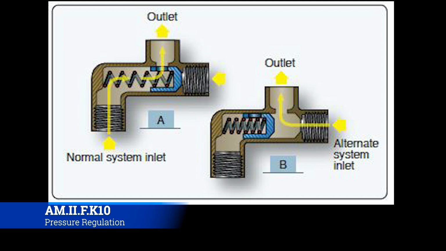Now, the way that this gets employed on heavy commercial aircraft is that you always have multiples of pretty much everything. You'll have multiple hydraulic pumps, multiple accumulators, which we're going to talk about here in a minute, and even the ram air turbine, or the RAT, that could potentially supply hydraulic fluid.